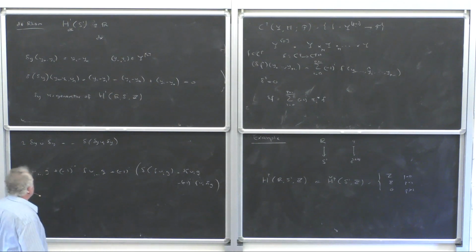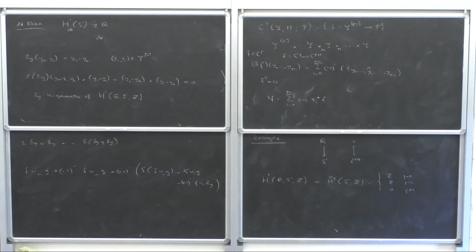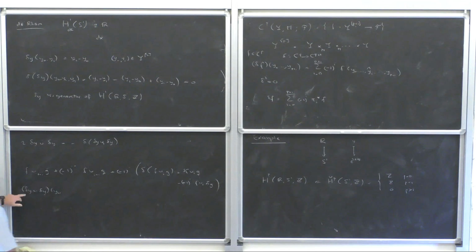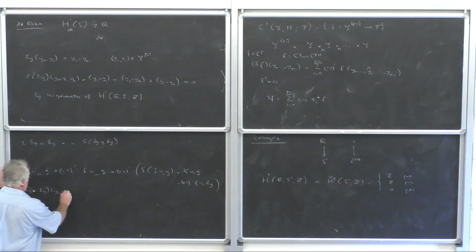Well, maybe it's useful to just show why this is true. So del y cup del y. That's a one class with a one class, it's a two class.